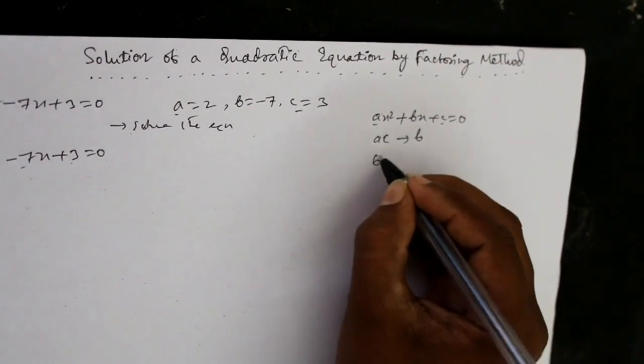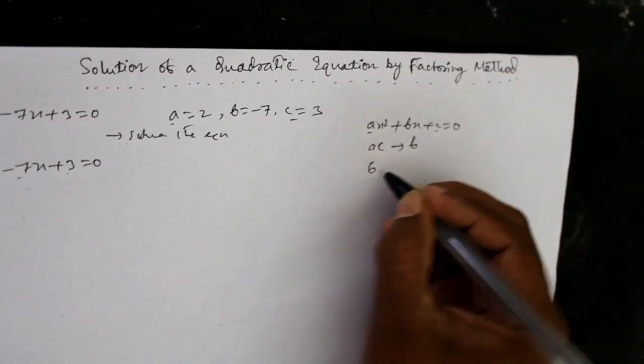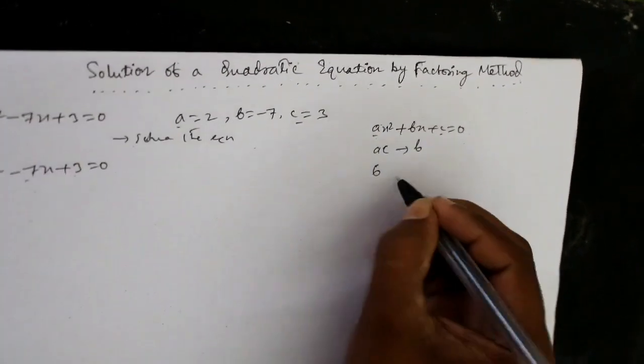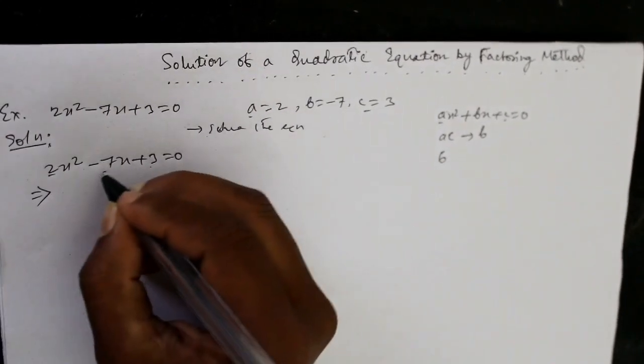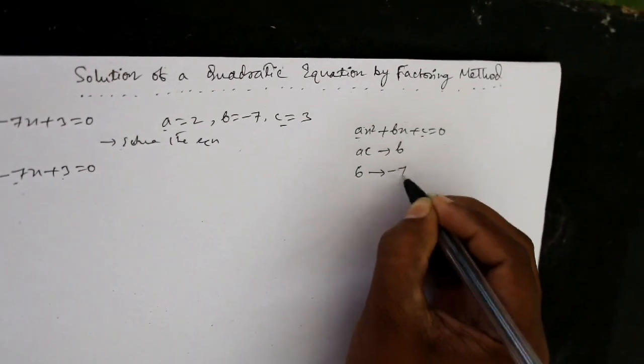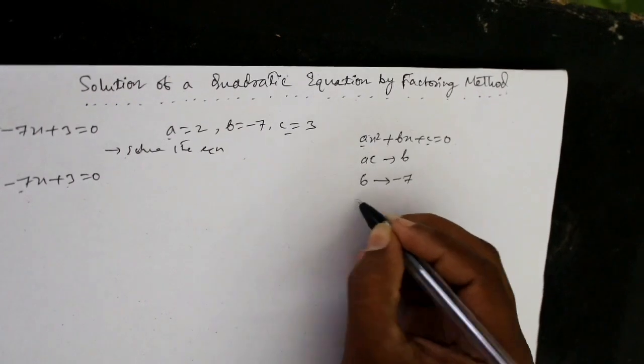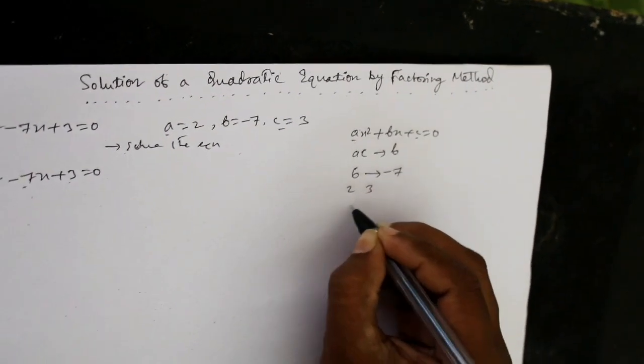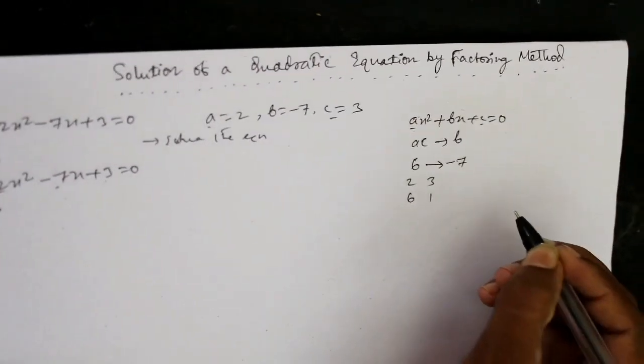Now from the pairs of factors of 6, one particular pair can give us minus 7. What are the factors of 6? 2 and 3, and 6 and 1.